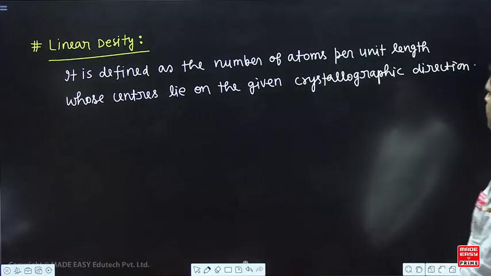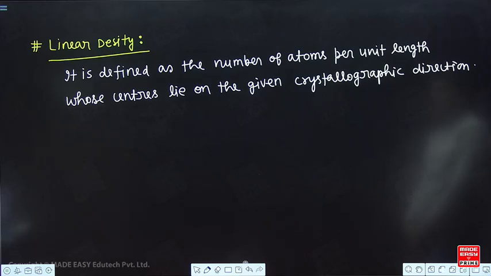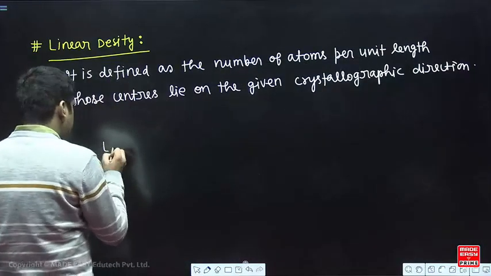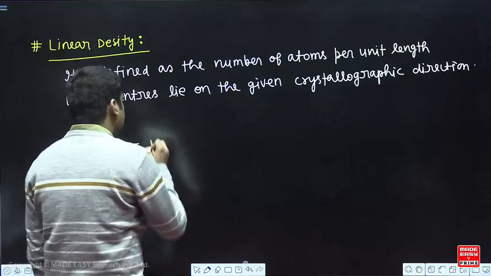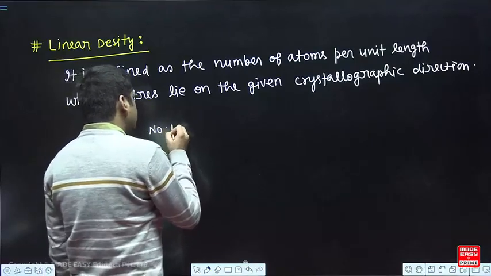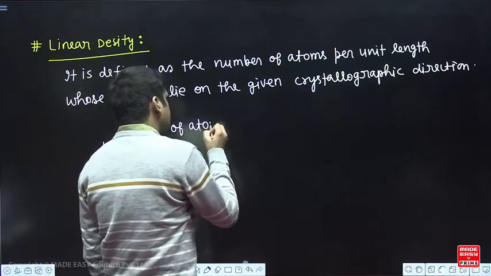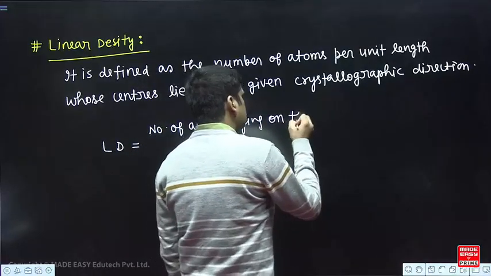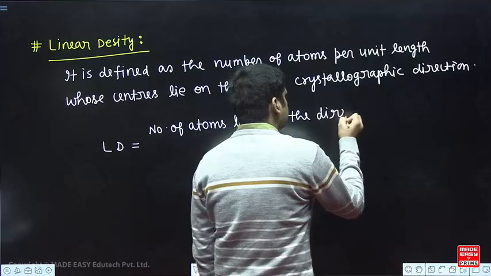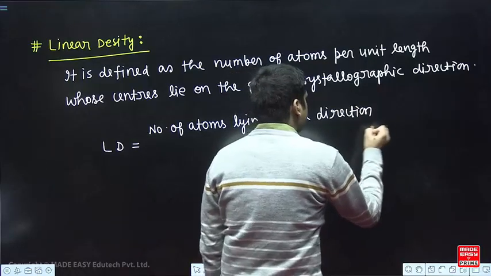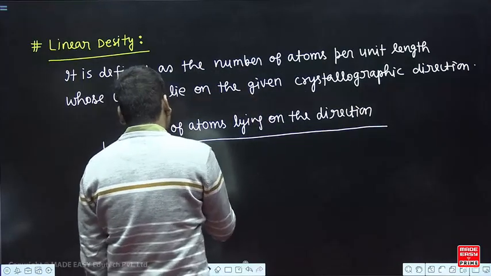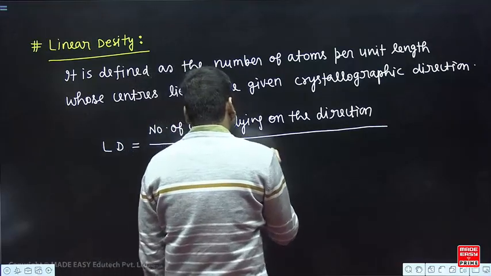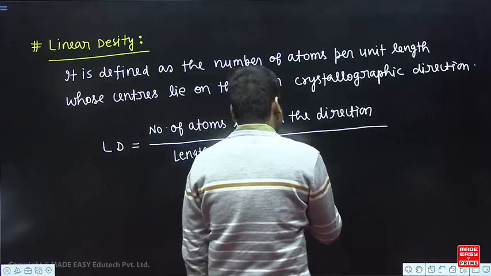Means LD is equal to the number of atoms lying on the direction divided by the length of the direction vector.